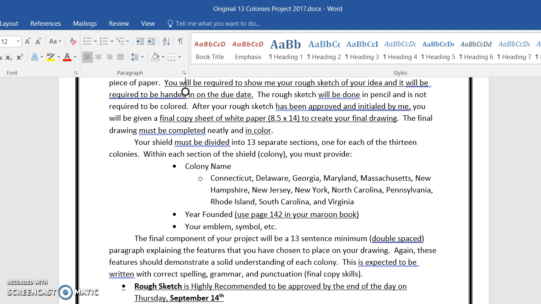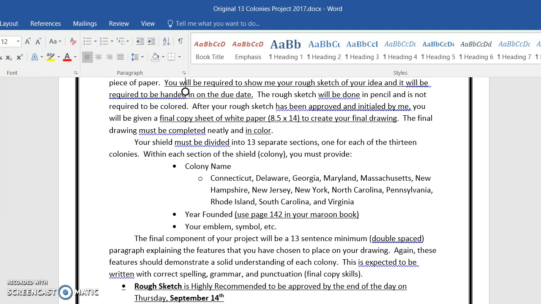I will tell you this is going to be your best option if you have not had it approved by me yet. Now, when you have all 13 of your symbols sketched out, you're going to bring it to me for approval. And you must be able to explain why you've chosen each of the symbols for each colony before I will initial and approve your rough sketch. That's important.